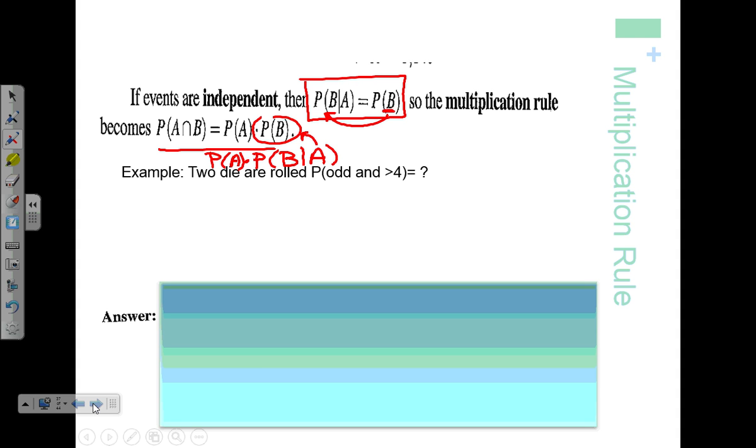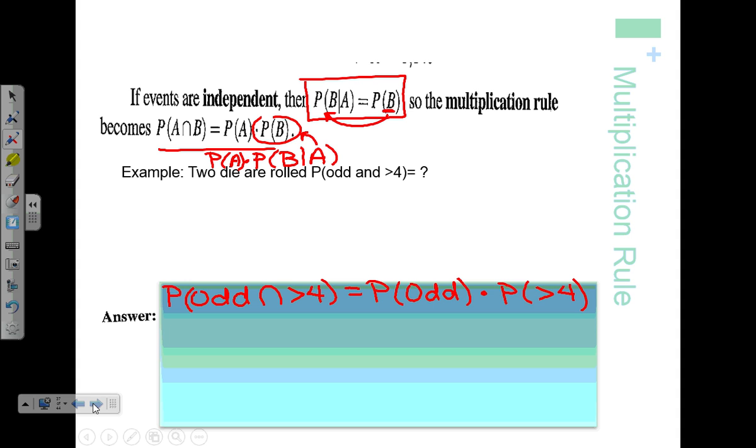2 dice are rolled. What's the probability that one is odd and the other one's greater than 4? Whatever you roll on one die is not going to affect the probability on the other die. It's just not going to happen. So if we want to do this, we want the probability of odd and greater than 4. So since they're independent, we can just multiply the probability of odd times the probability of greater than 4.